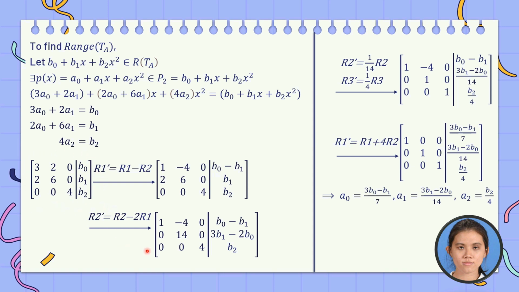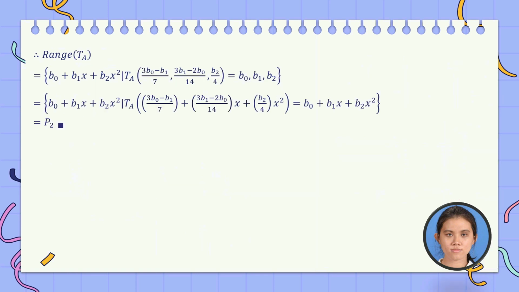By doing the ERO, we can reduce the augmented matrix into the RREF form to obtain that A0 equal to (3B0 minus B1) over 7, A1 equal to (3B1 minus 2A0) over 14, and A2 equal to B2 over 4.